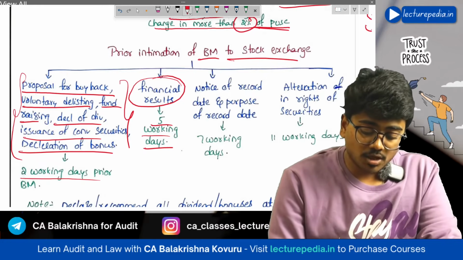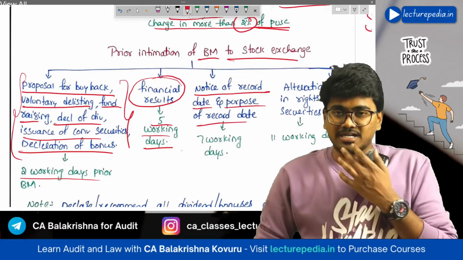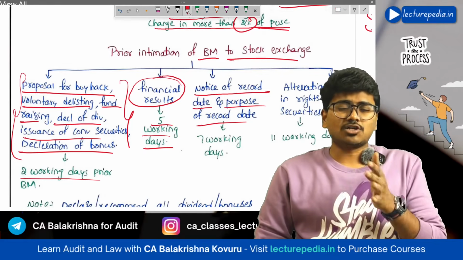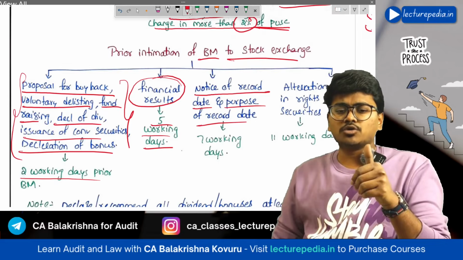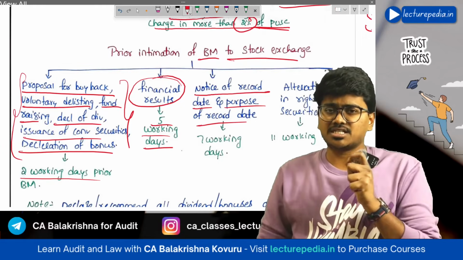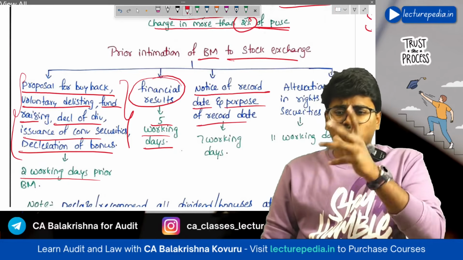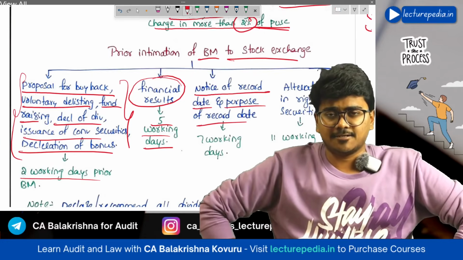Next, if you are going to discuss the notice of record date and purpose of record date. Basically, record date means the cutoff date. Let's say, for example, you are going to issue dividend. Now, dividend will be issued to the shareholders. In the case of listed entities, shareholders will be continuously changing, right?